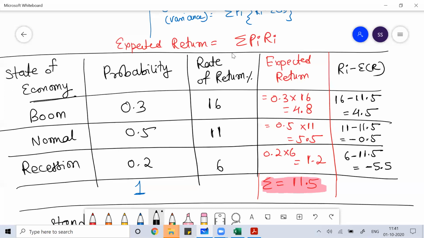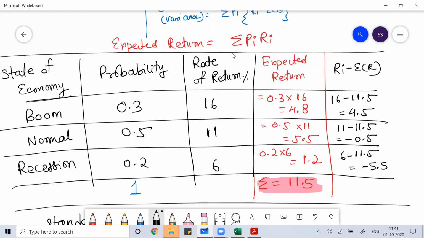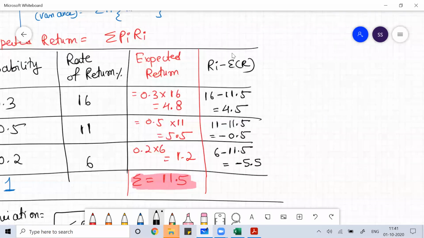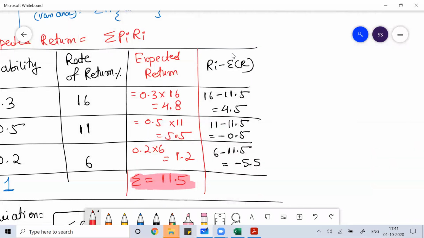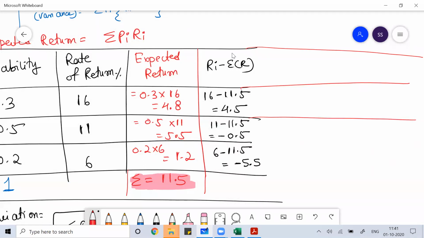Clear, everyone? So calculate the return minus expected return.